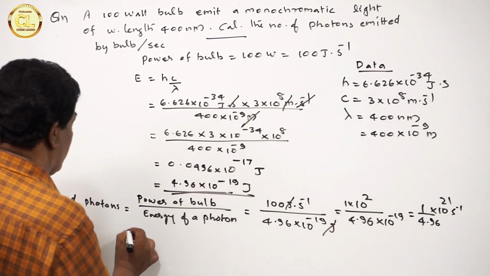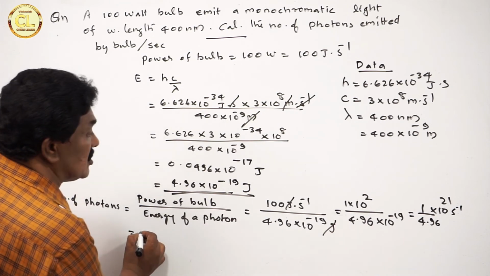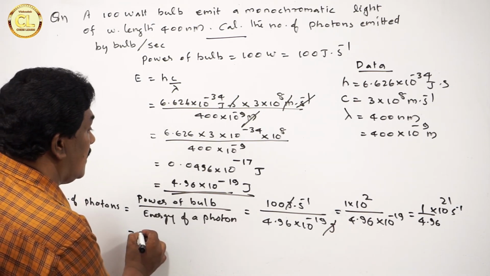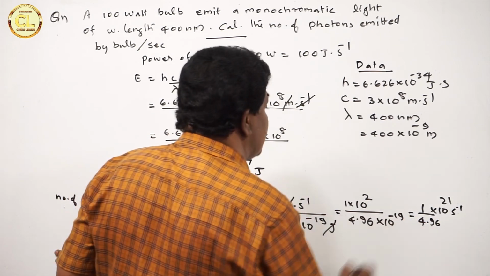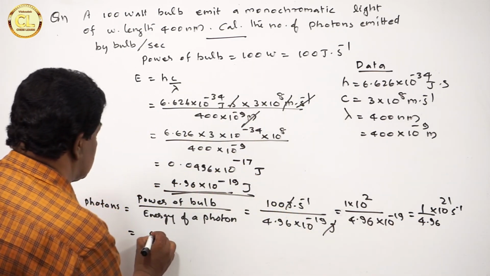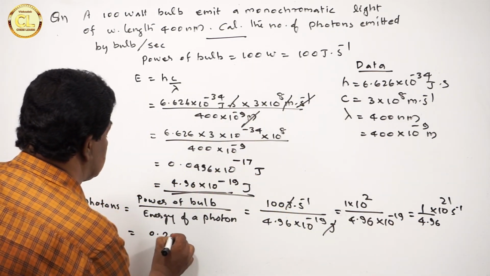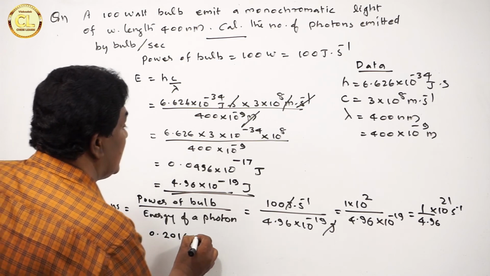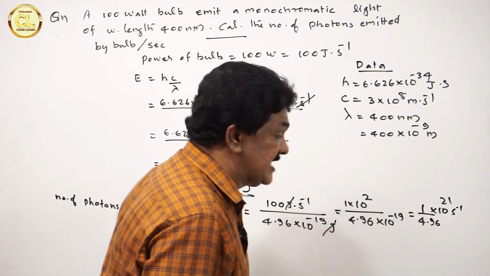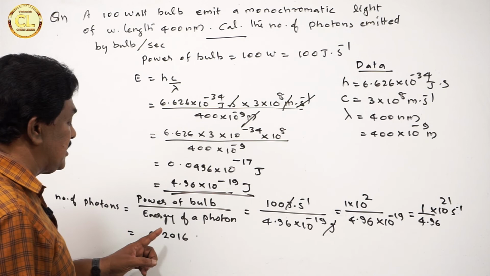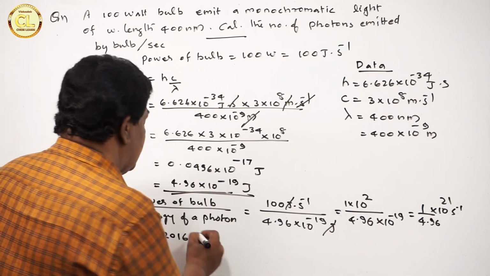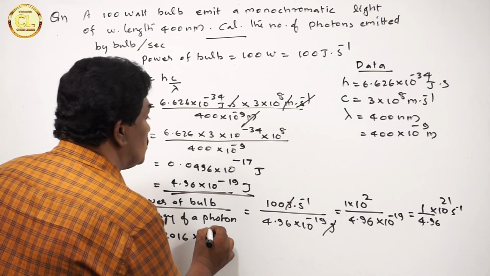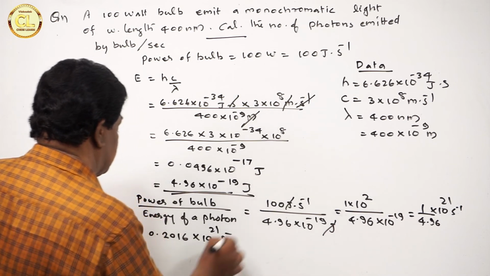Therefore, number of photons emitted is equal to 1 by 4.96, which is equal to 0.2016, into 10 raised to 21 per second.